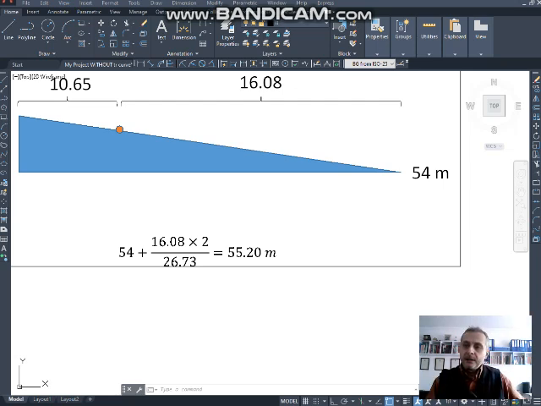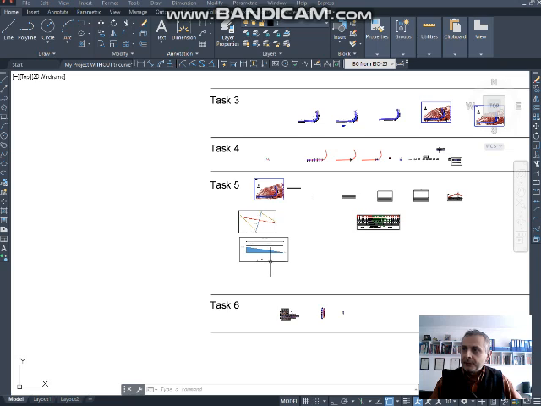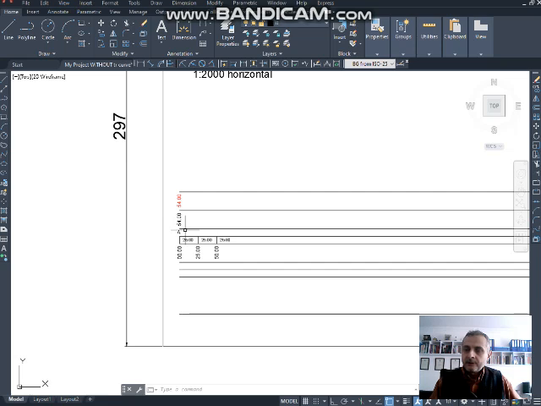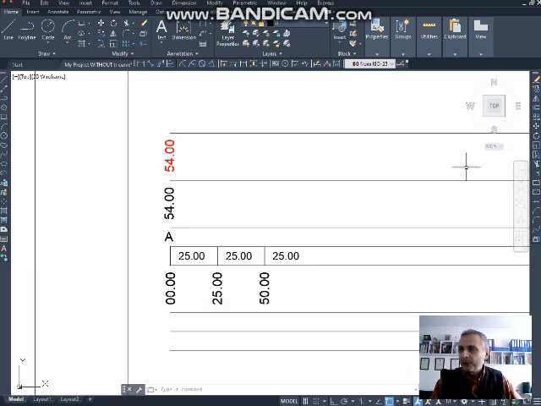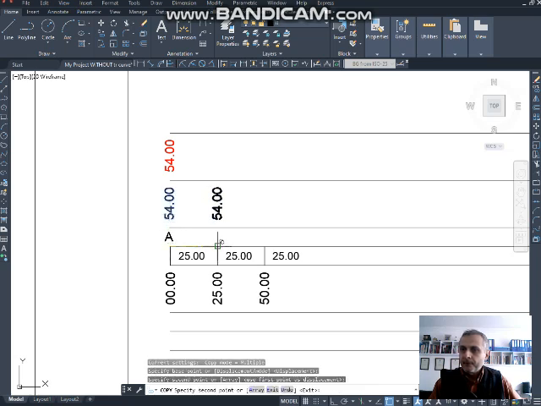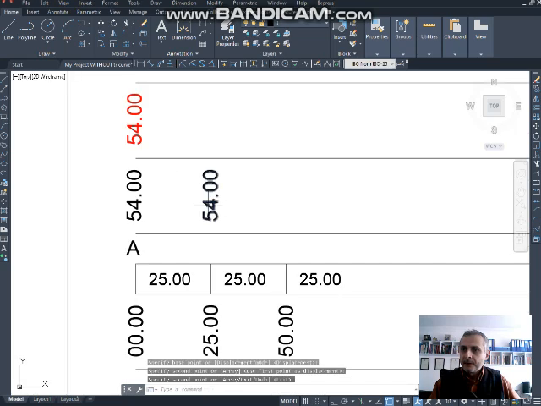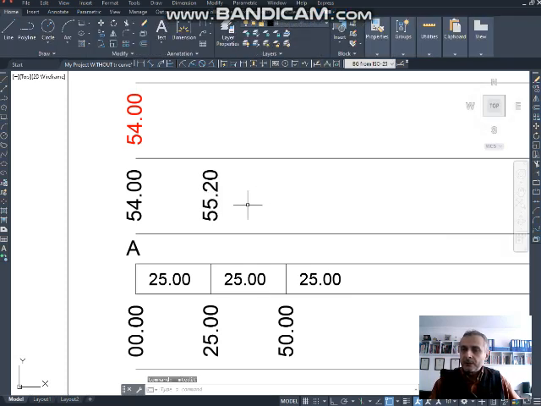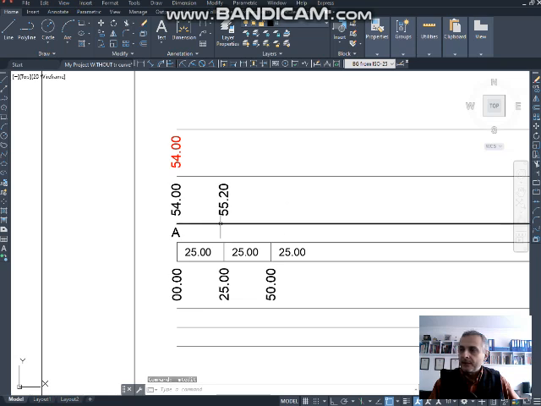Now I'm going to type this 55.20 into my profile drawing. What you can do is copy this, paste it, and then type in 55.20. That's it. And you have to repeat everything for every cross section.